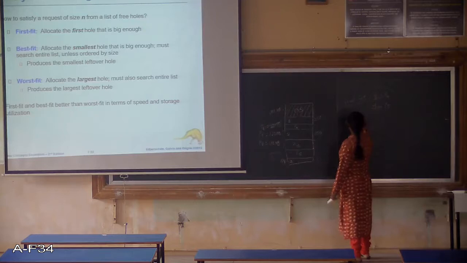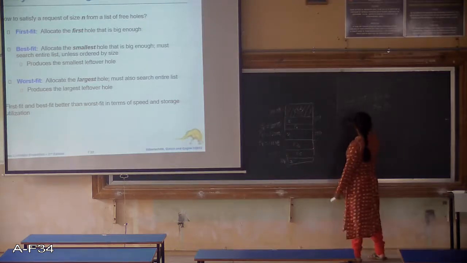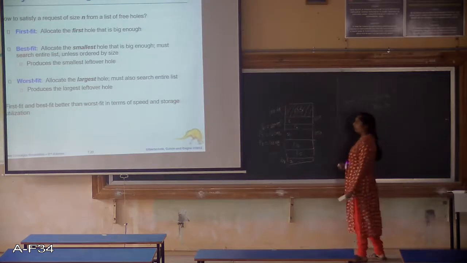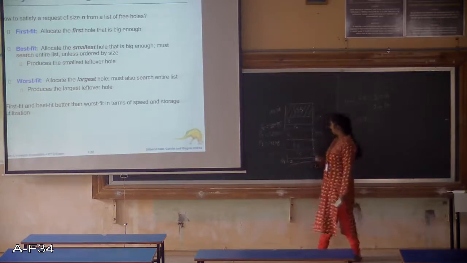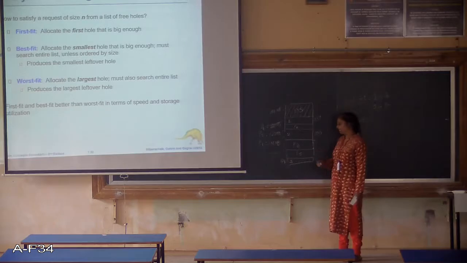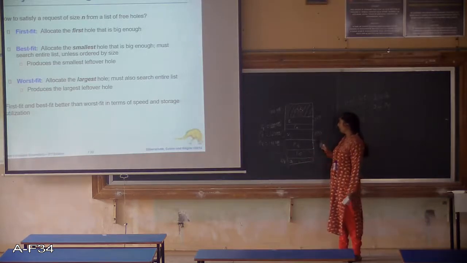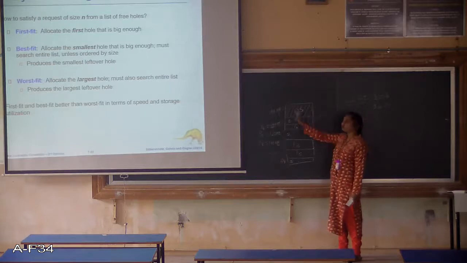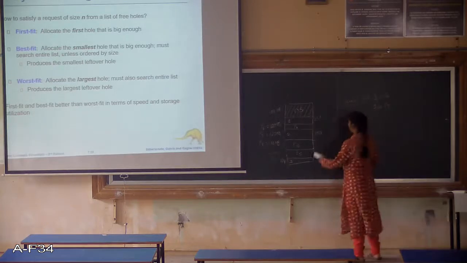Let's go for best fit. Best fit for 80 MB: which is the smallest good enough slot for the 80 MB process? 100 MB, because 100 MB is close to 80 MB. 124 MB is also more, but it is a little more than 100 MB, and 250 MB is too big for P4.